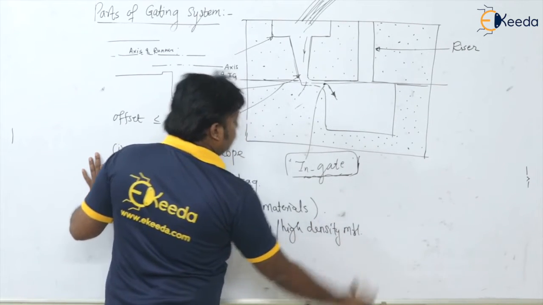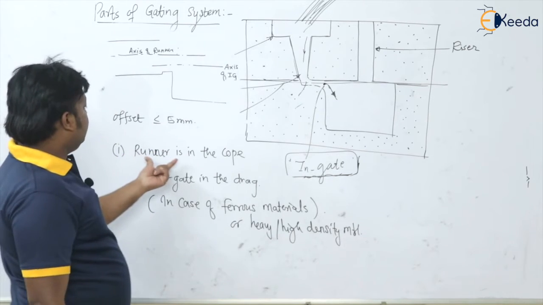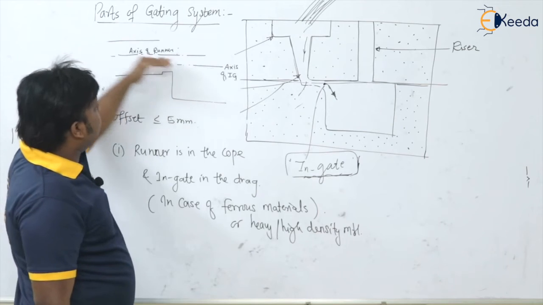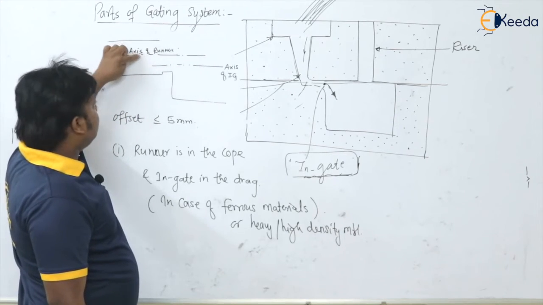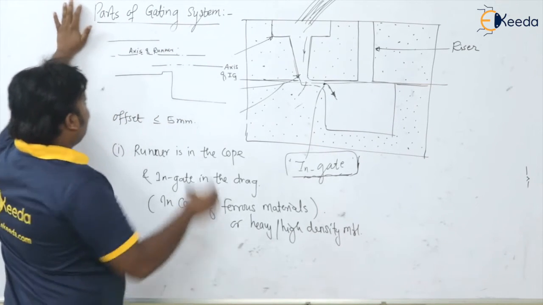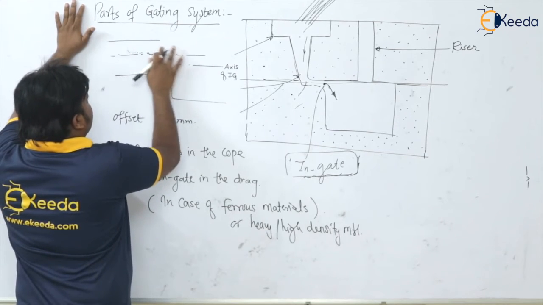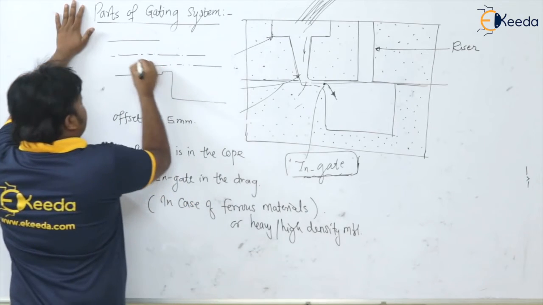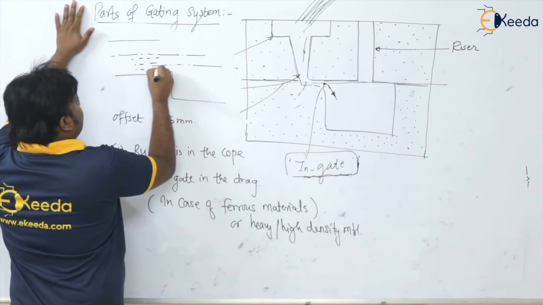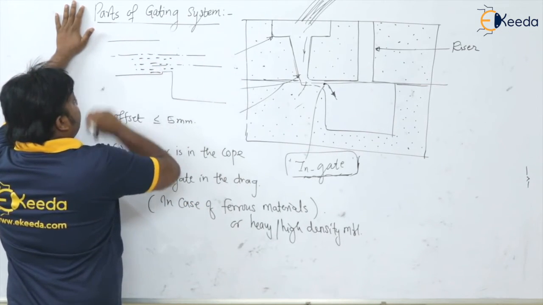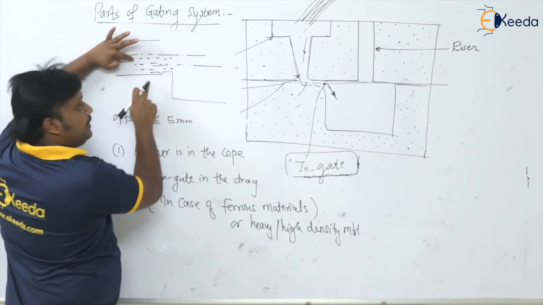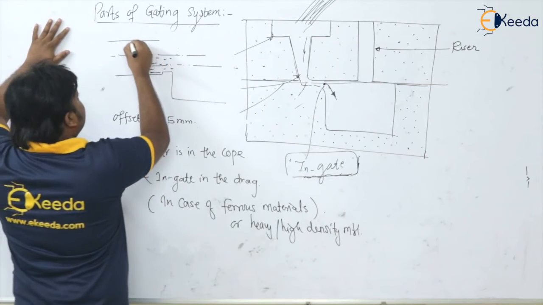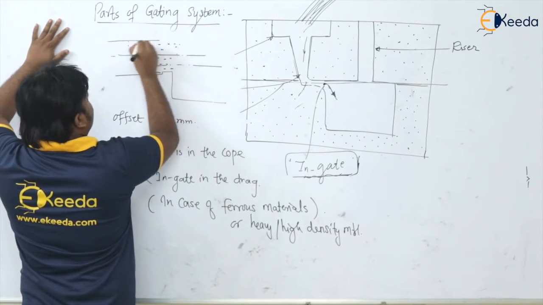Why is it so? When you have this condition, runner in the cope and ingate in the drag, that is, runner axis above ingate axis, what happens during the casting of these high density materials? The heavy molten material will be at the bottom, whereas the lighter impurities present in the molten material will be collected at the top.